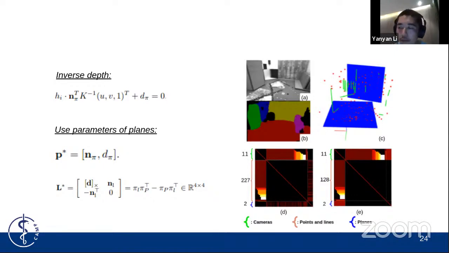It means we just need maybe a smaller computation to achieve similar performance to other VIO methods or stereo SLAM approaches.